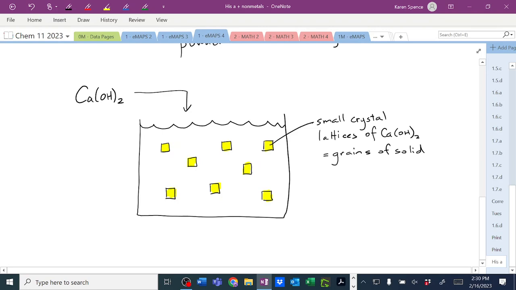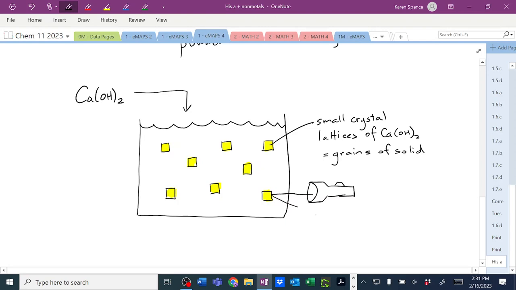But what do those little crystal lattices do if we shine a light on them? So if I have a flashlight, and I shine the flashlight, what happens when it hits one of those little crystal lattices?